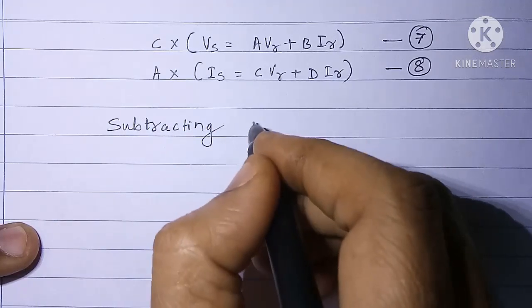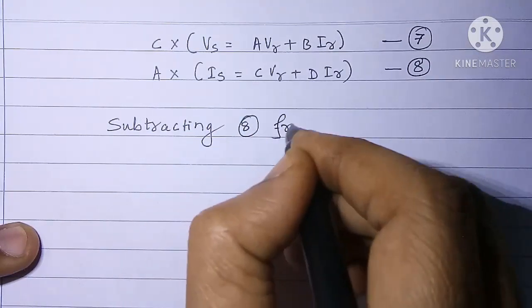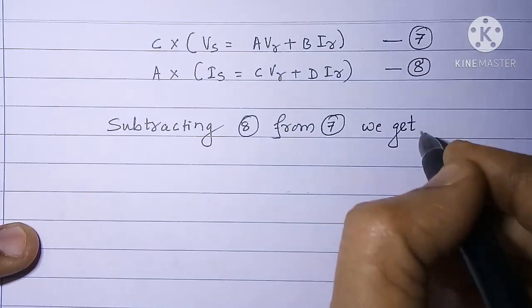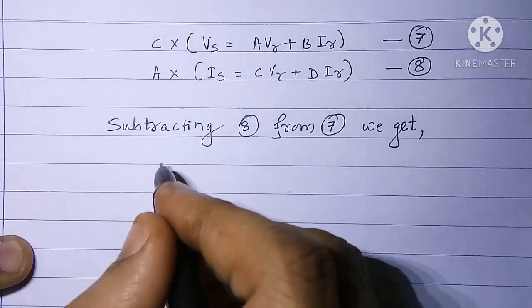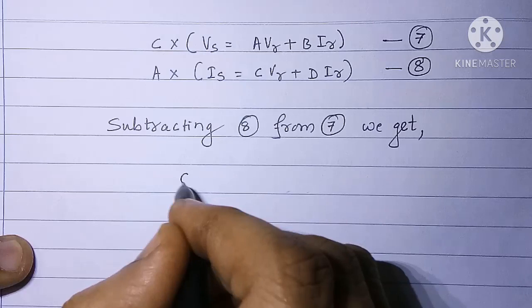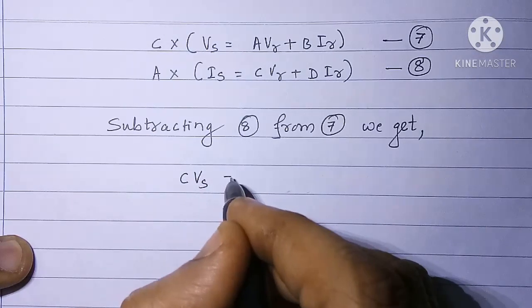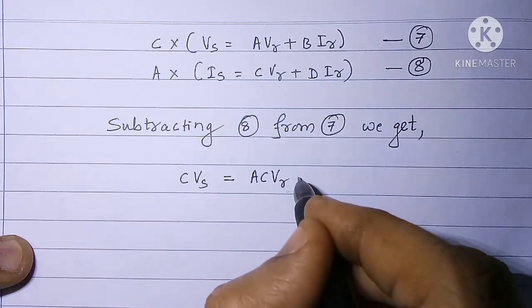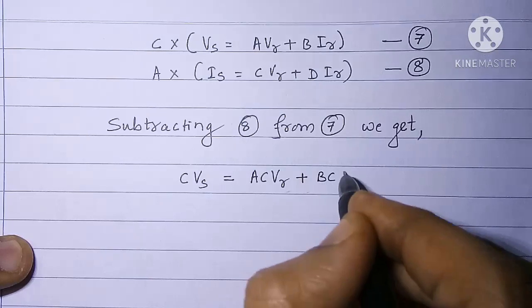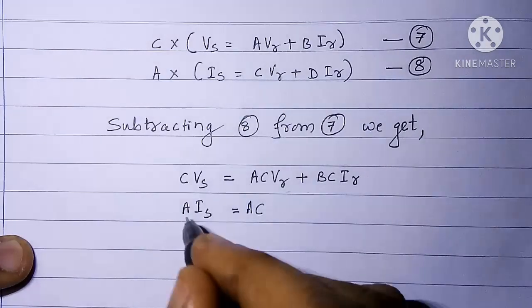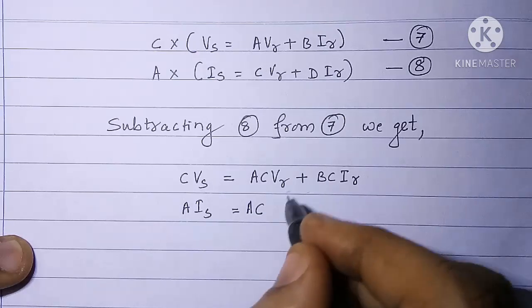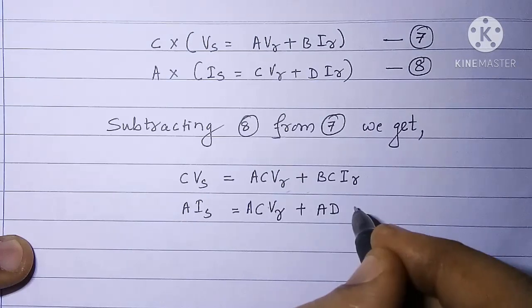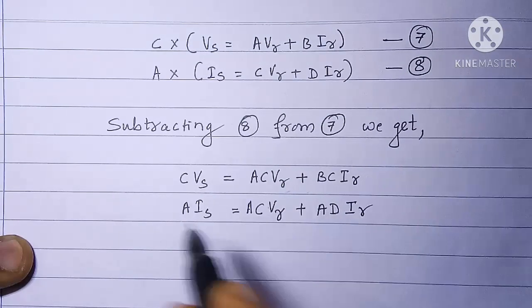Subtracting equation 8 from equation 7, we get C into Vs equal to AC into VR plus BC into IR, A into Is equal to AC into VR plus AD into IR.